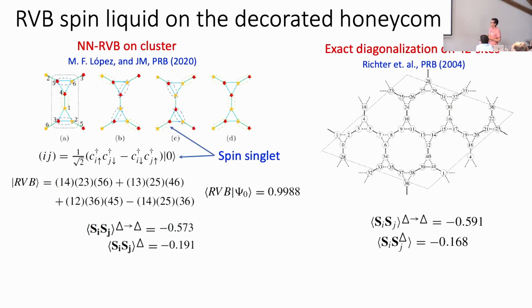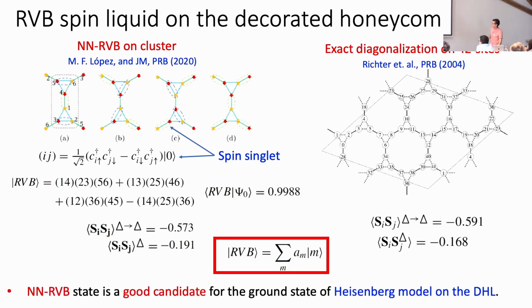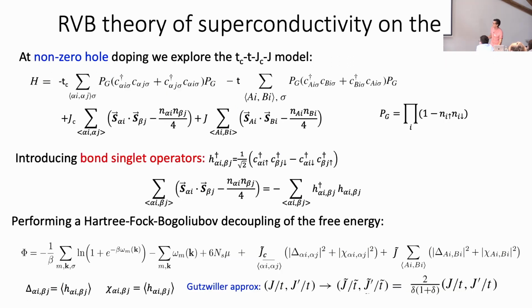Actually, with some analysis on small clusters, we could see that the overlap of the exact solution with the RVB state is nearly 1, and the spin correlations are in very good agreement with large size calculations. So this nearest neighbor RVB state seems to be a very good candidate for describing the magnetic properties of this lattice.